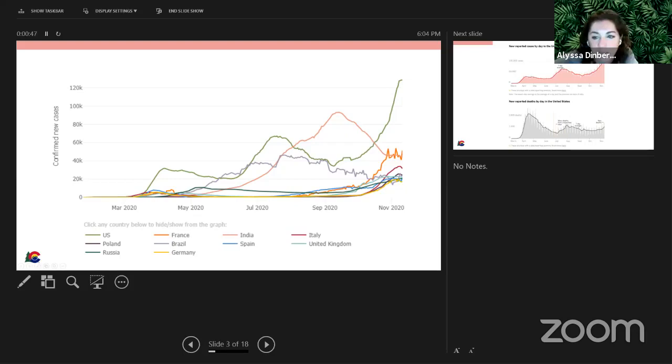It's on presenter mode, so we can't really see the chart. If you go up to the display settings, you should be able to fix that, because the viewers aren't going to be able to see that. I'm sorry to interrupt you. Go to display settings and you should be able to fix that. Where is display settings? At the very top. We can't see those numbers. Go back to presentation, and the display settings is on that window. I'm really sorry, guys. I just want to make sure everybody can see this.